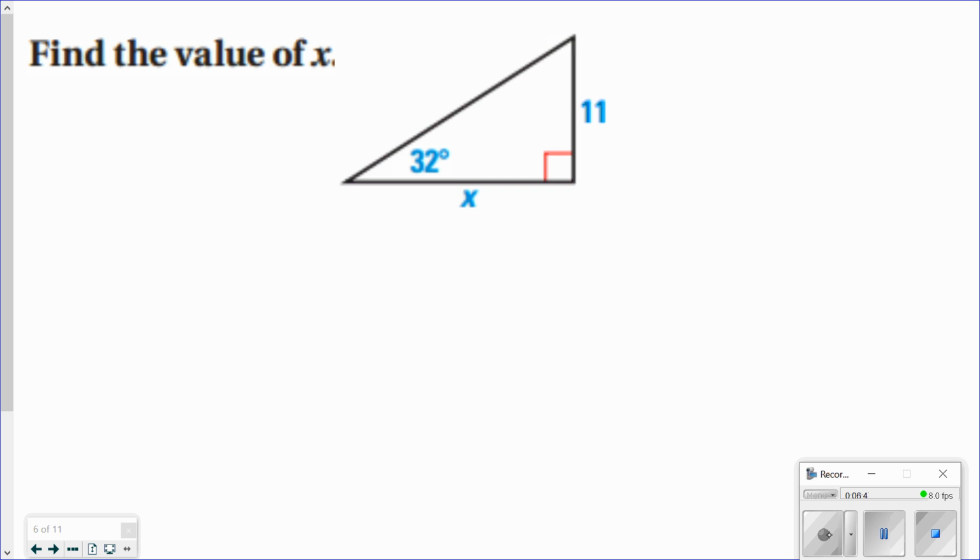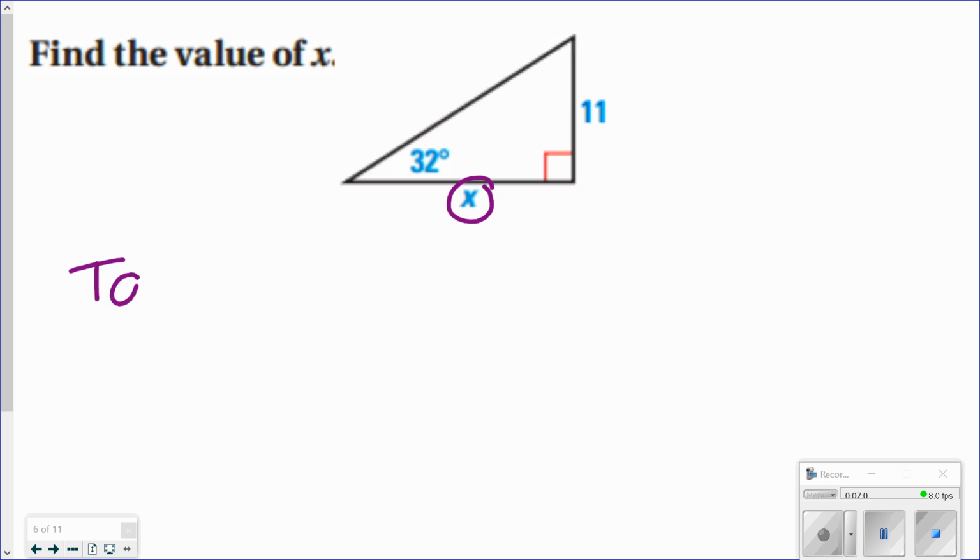Now we're going to use trig to solve for values of x. So for this case, we want to figure out what is x. All right, so I know I'm going to use tangent here because I don't know the hypotenuse. The hypotenuse is gone, so the only ratio that would work that has the opposite side and the adjacent side would be tangent.